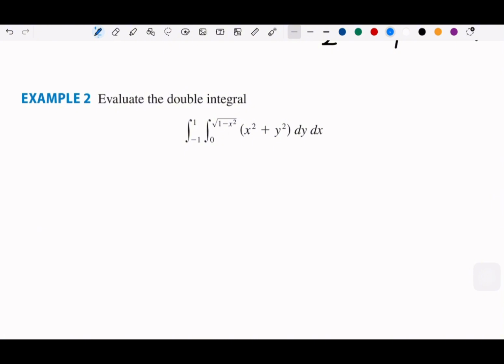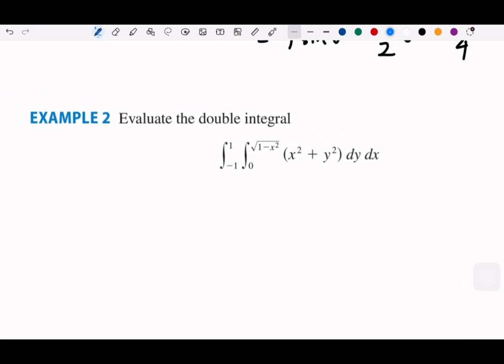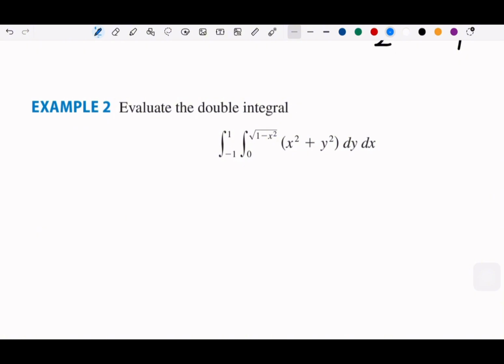So we can start writing the region that we want to evaluate, or even draw this region. It says that x will be between negative 1 and 1, and y is between 0 and square root of 1 minus x squared.